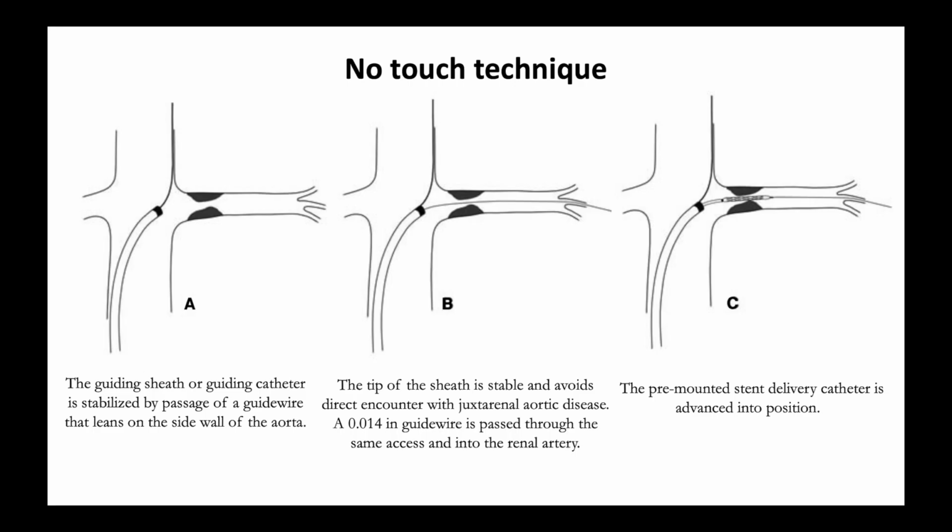This way you protect the renal arteries or the kidneys by not touching the plaque directly, by not lifting the plaque, or by causing embolization of the plaque material towards the renal arteries.